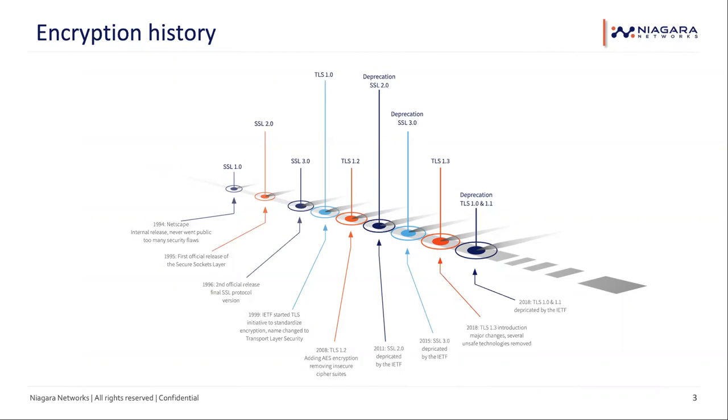Before that, traffic was never encrypted. So if you had a session, regardless of whether it was a terminal session with Telnet, a transfer session with FTP, or a web session with HTTP, everything was unencrypted. So if you took a copy of the traffic, you could easily see what was going on.